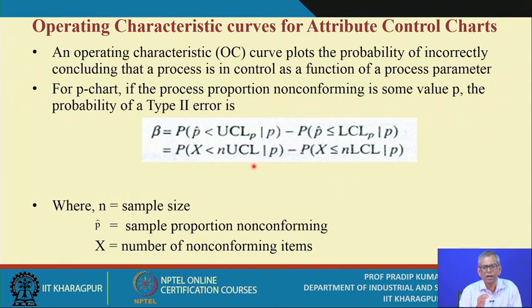Is it okay? As you may recollect, beta is nothing but the probability of making a type 2 error, and you must have sufficient control against type 2 error. Even if you ignore type 1 error, you may not face any problem. The only thing is, unnecessarily you may be stopping the process and trying to find assignable causes that do not exist. Is it okay?